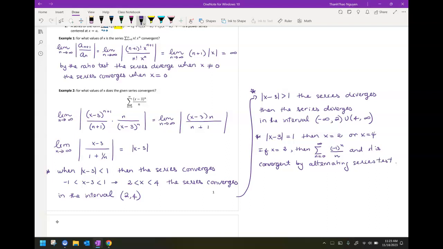Okay, so what happens if x equals 4? We get 1 to the n divided by n, and this is the harmonic series, which diverges.